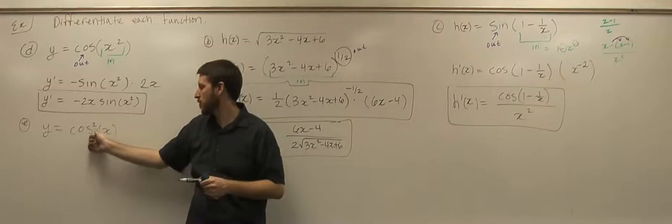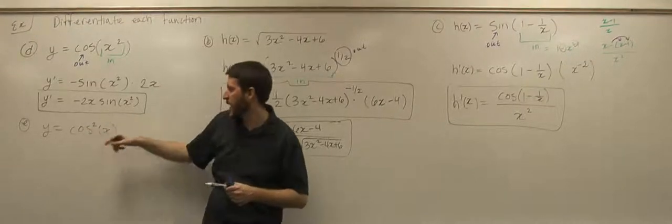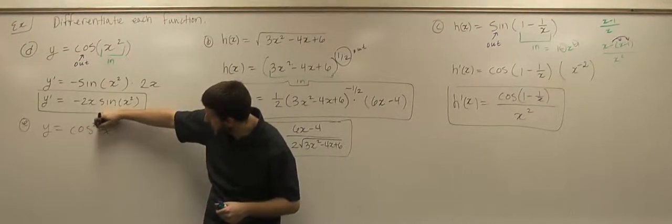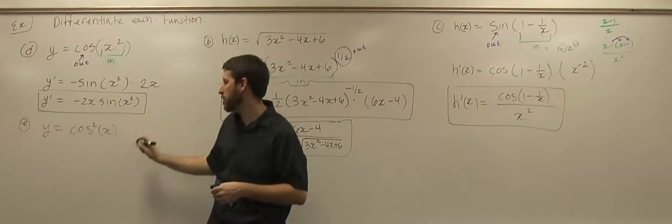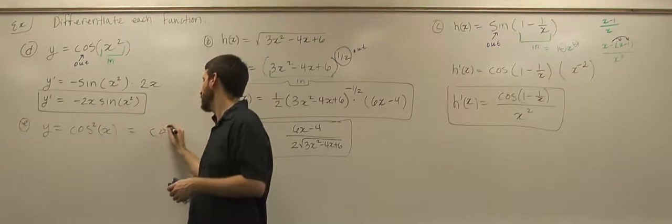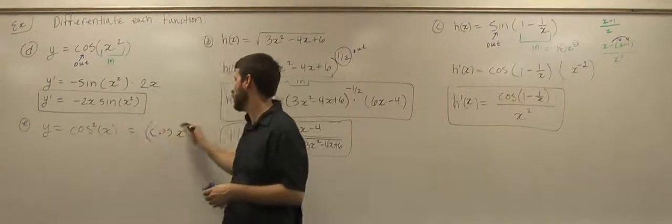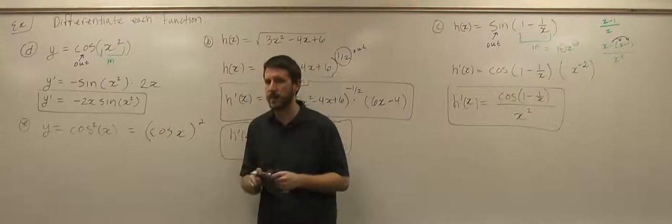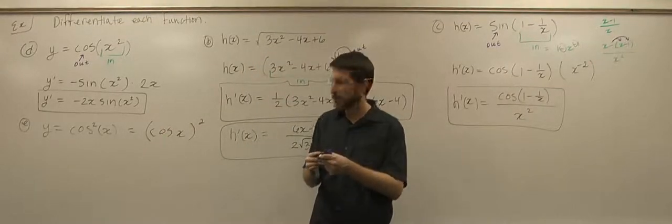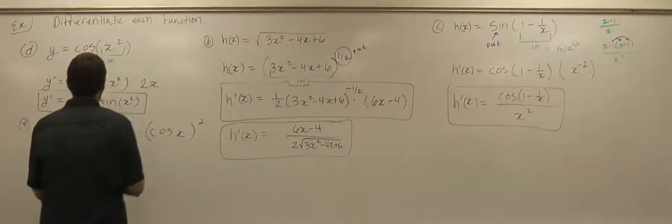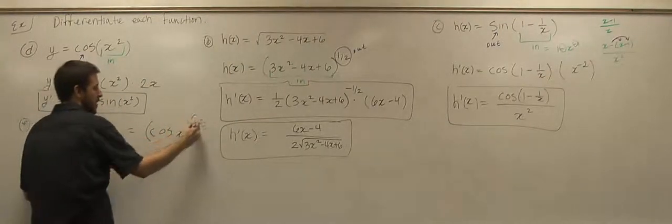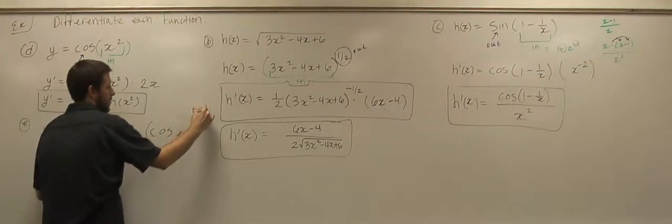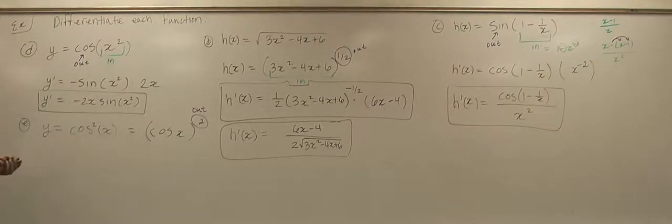Now, this guy, when the square is right next to the cosine, means cos x quantity squared. Remember that? So in this case, the outer function is the squaring, and the inner function is the cosine.